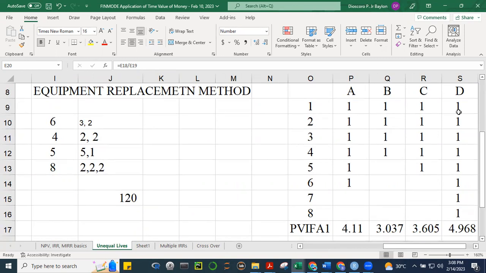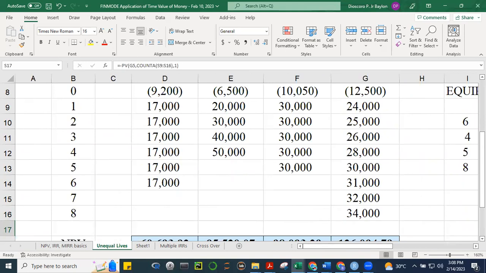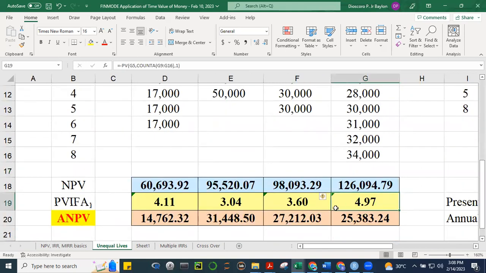So if the project has a longer term or project life, then it will of course have the higher present value interest factor, right? But that is to be divided into your net present value to determine the annualized net present value. And the final answer here is that project B is better based on the annualized net present value. Okay. All right. Questions?